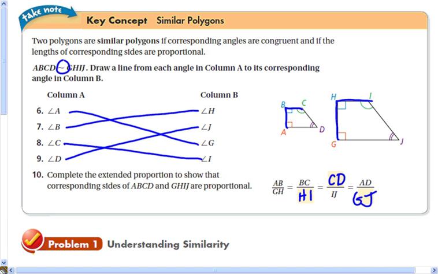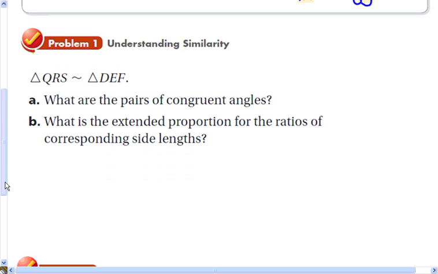Okay? So, problem one here. Triangle QRS is similar to triangle DEF. What are the pairs of congruent angles? Well, when you mark two things being similar, you also line up the parts that are congruent or have corresponding ratios.